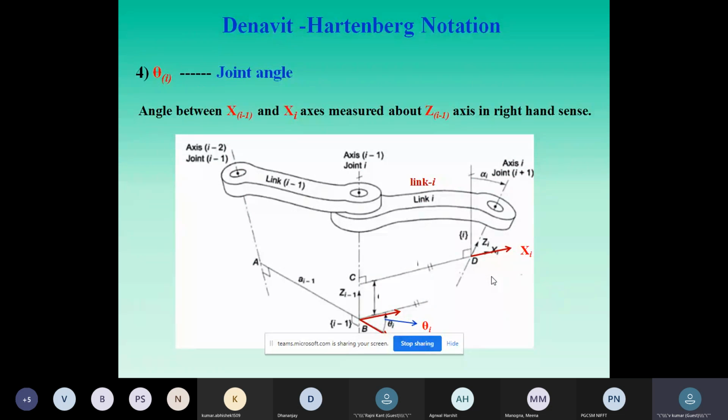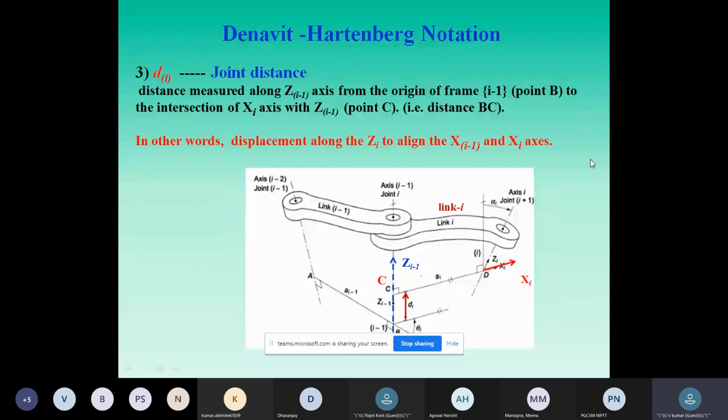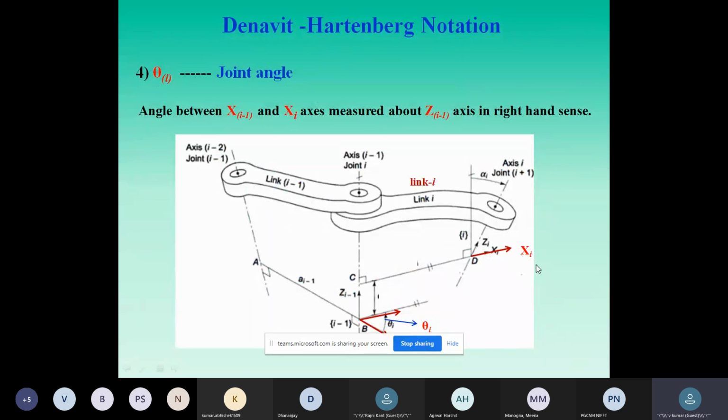Now come to the fourth parameter, joint angle. What is joint angle? It is the angle between xi minus 1 and xi measured about the zi minus 1 axis in the right hand sense. Here xi is the red line, and this line is xi minus 1. The angle between these two is represented by theta.